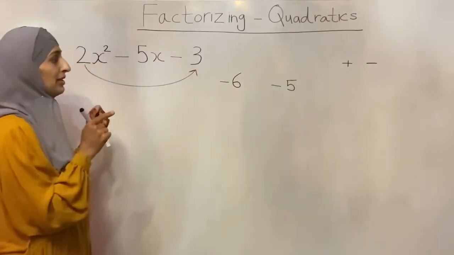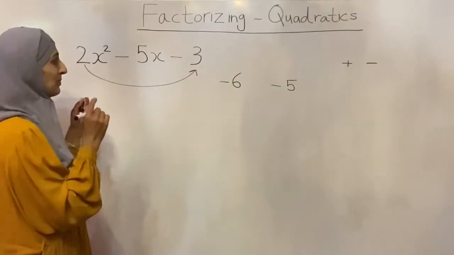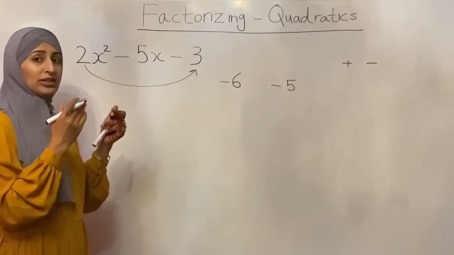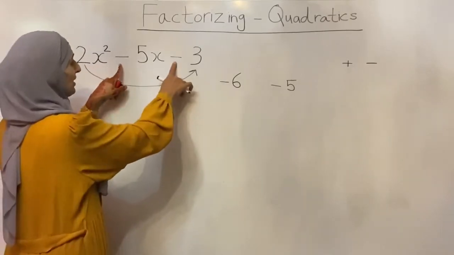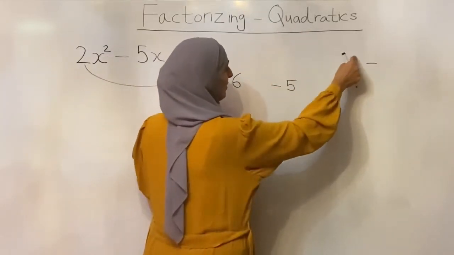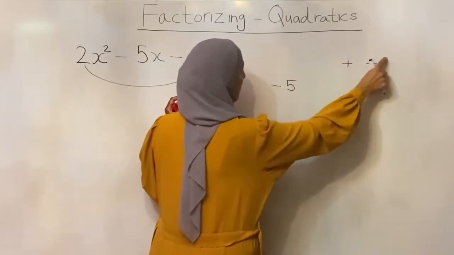I explained this tip in the previous video as well, but I'm just reminding you of this tip that will really help you find the two factor pairs. If you've got two minus signs in the equation, for the two factor pairs, one will be the plus sign and one will be the minus sign.